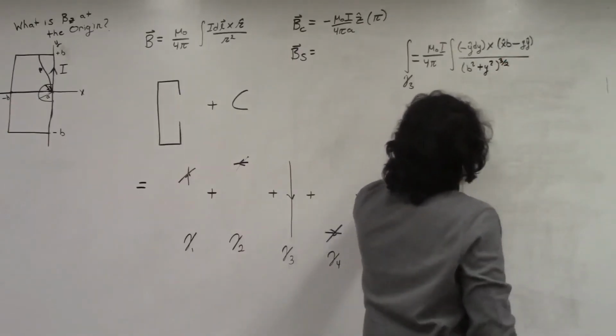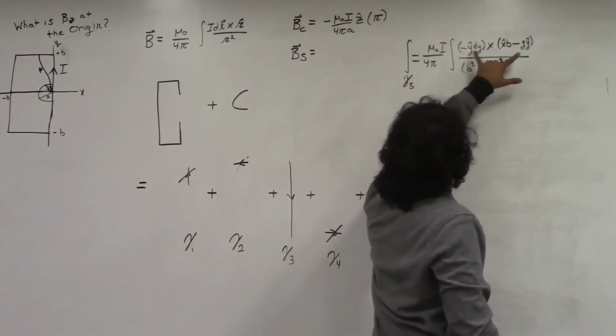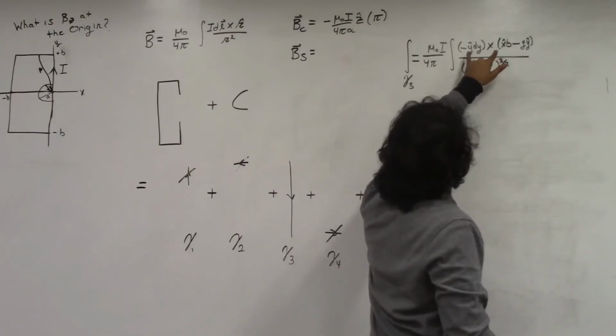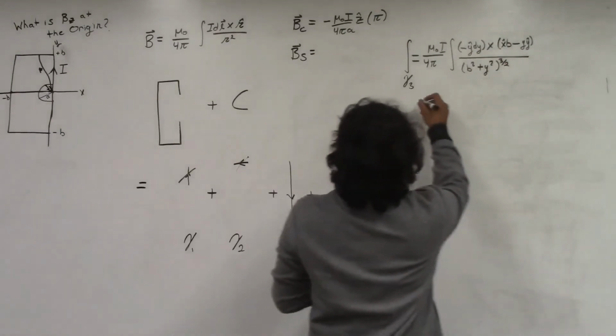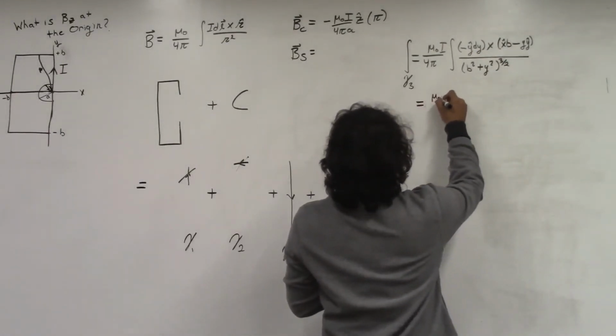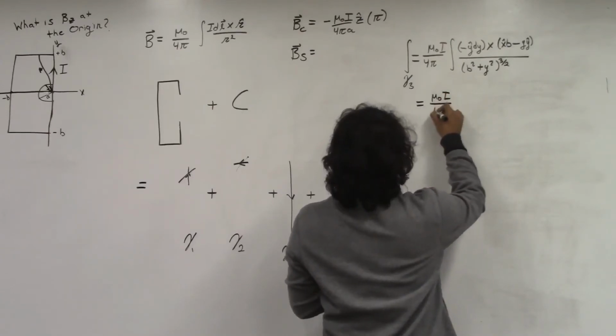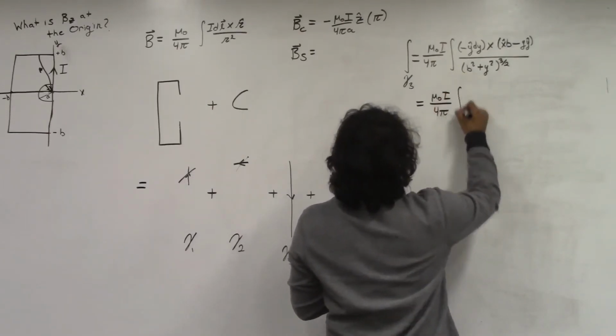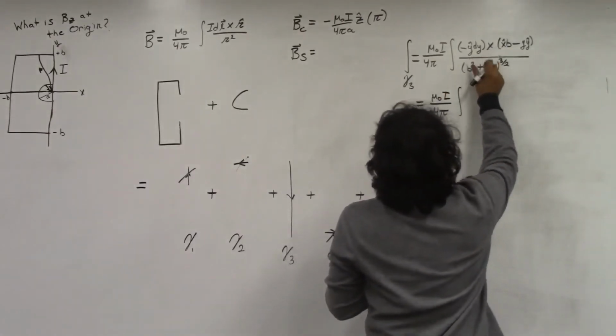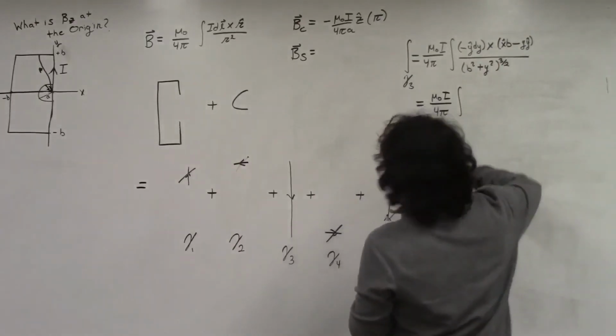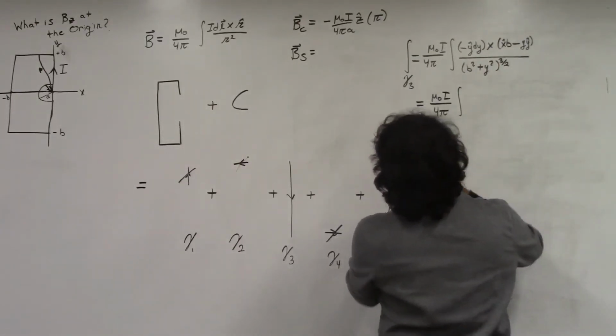Now when I do this cross product, this term will cancel and we'll just be left with this term now. But we've done this integral multiple times, but negative y cross x gives us a positive z.